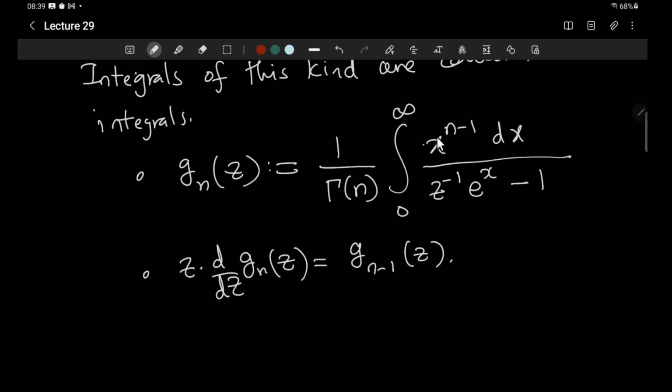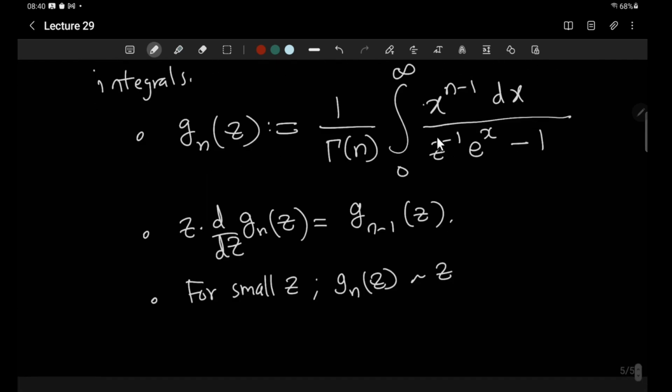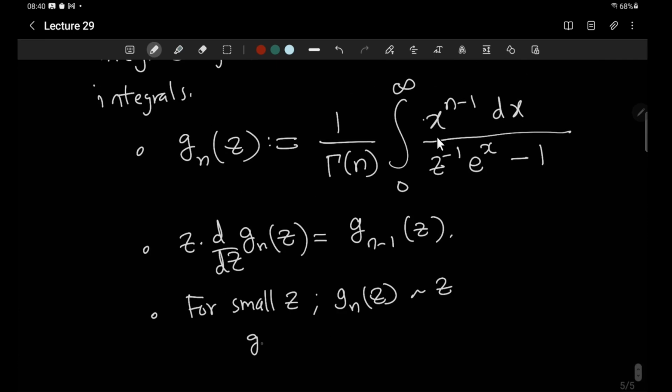And for small z, g_n of z goes as z. And g_n of 1 is just the sum over l equal to 1 to infinity of 1 by l power n, which is zeta of n. You can prove all these properties.